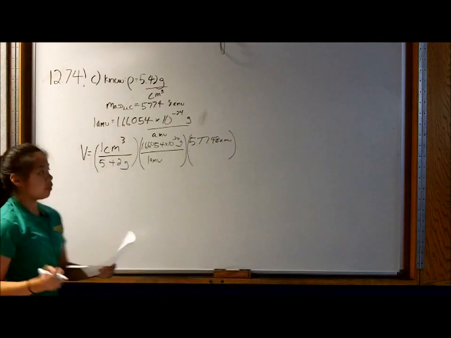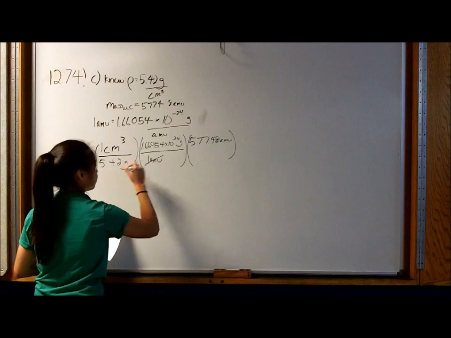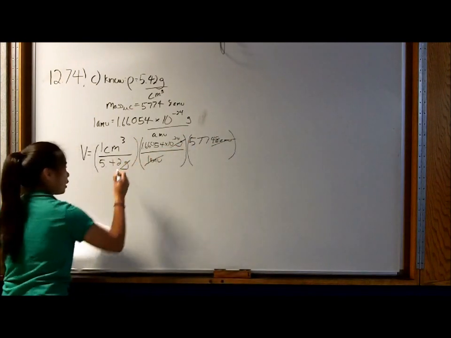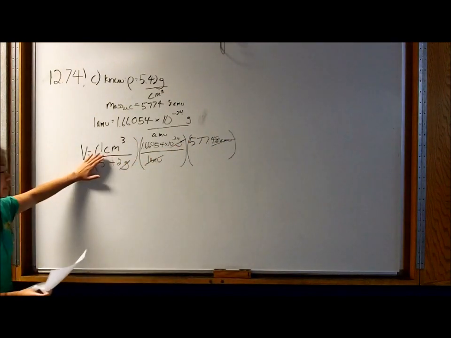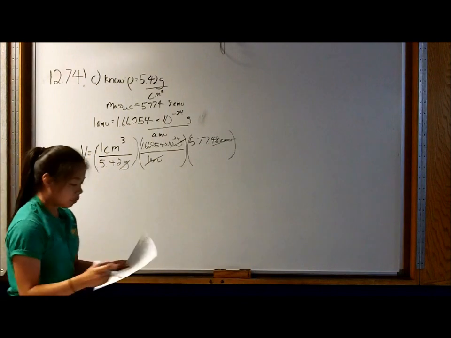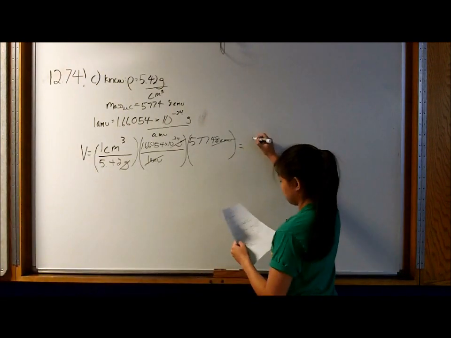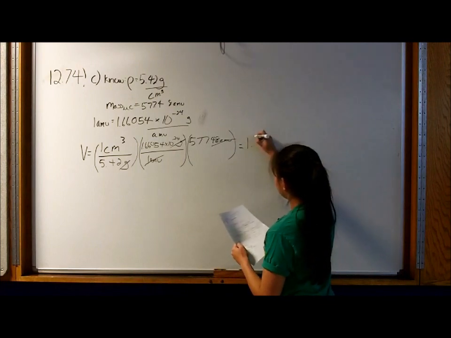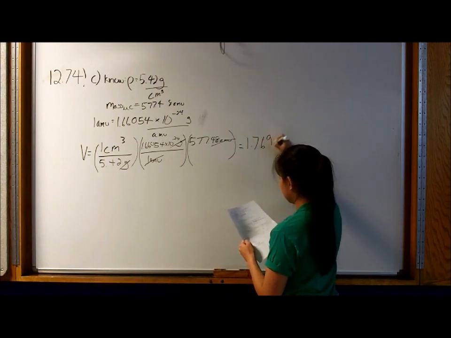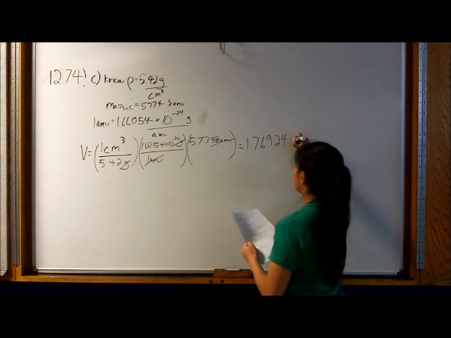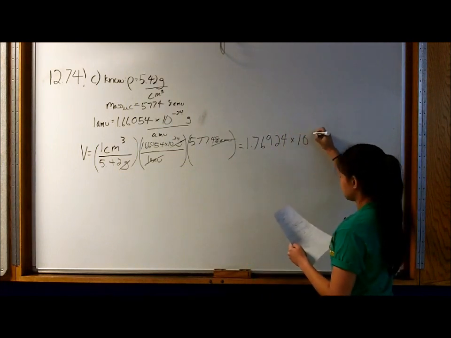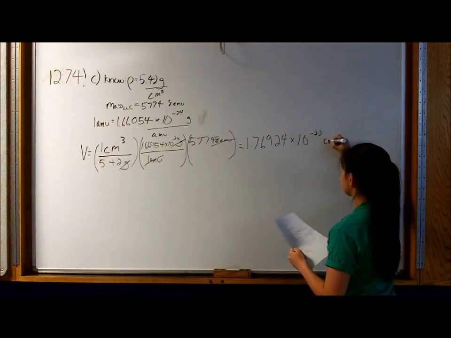Now we can look at all units, and you can see that they cancel out. We're left with the centimeters cubed on top, which is what we want. And that eventually equals 1.76924 multiplied by 10 to the negative 22nd centimeters cubed.